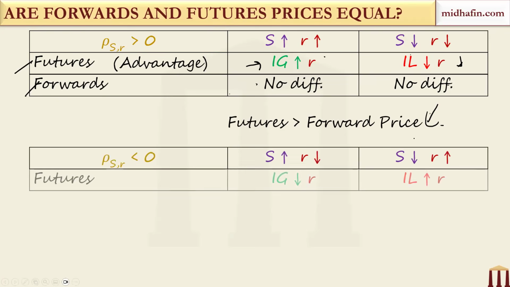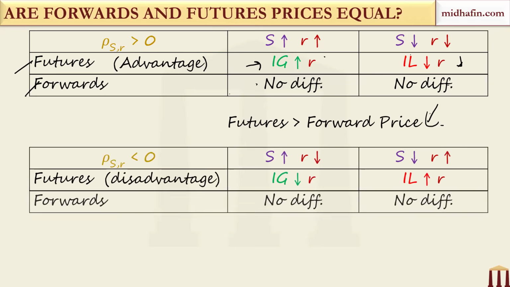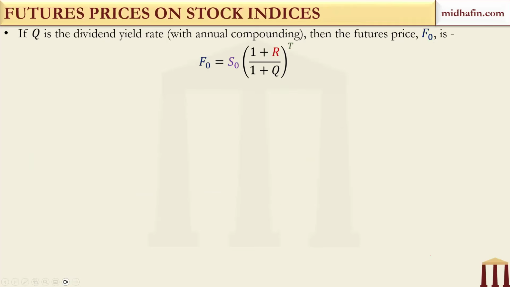And of course, the opposite is also true. When correlation is negative, the gains are being invested at lower interest rates and losses are being financed at higher interest rates. So in this case, futures price will be less than the forward price. This is the explanation.